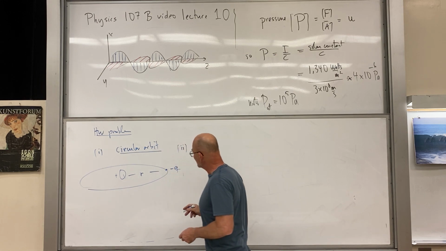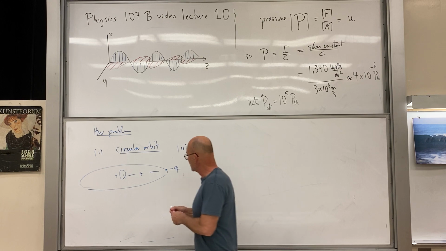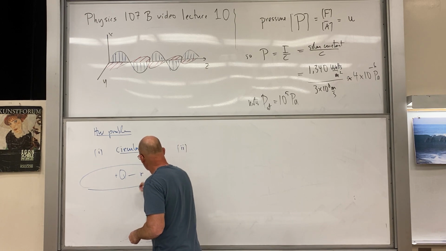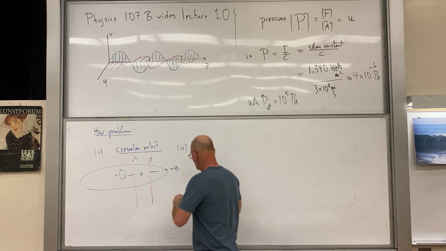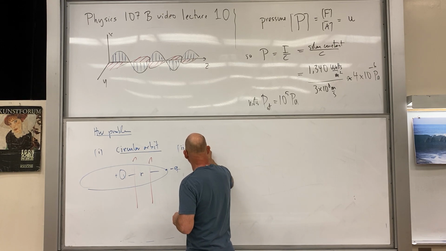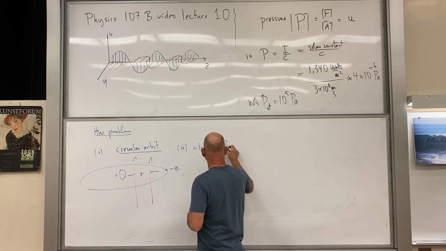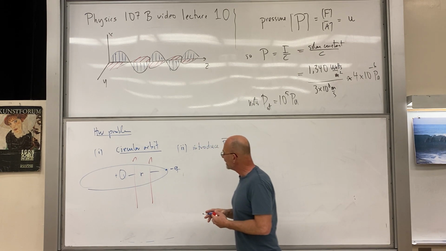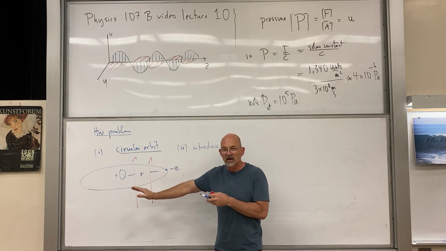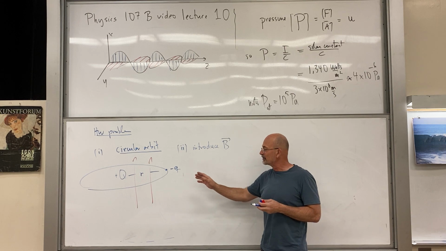Second thing that happens is we dial in a B field. So we introduce a B field here. Now we have, in addition to Coulomb's law, the magnetic force of a charge moving in a B field.